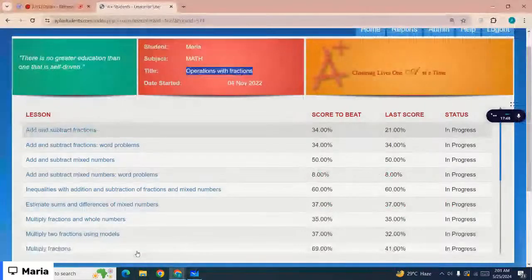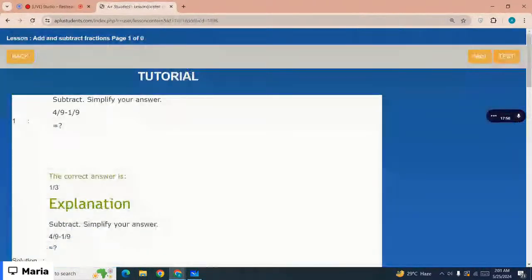Okay, here I am on grade 7 math. We're going to start with the chapter operations with fractions. So let's just start with the first lesson, that is add and subtract fractions. Let's start with the first example, that is 4 over 9 take away 1 over 9.